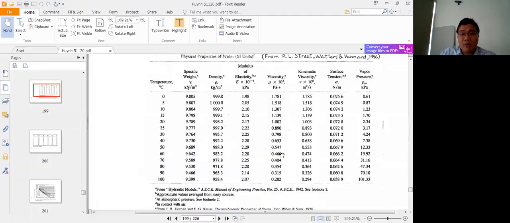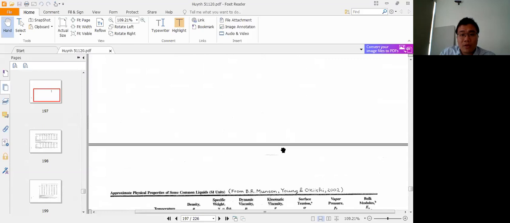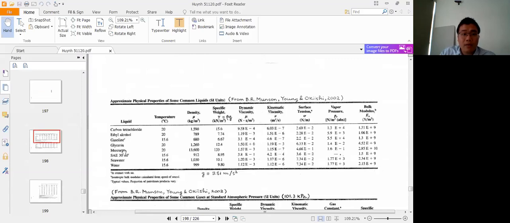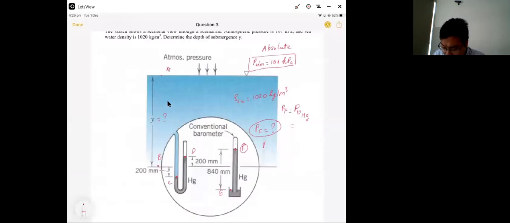And the vapor pressure of mercury you have from this table. Mercury, vapor pressure here. It means PF will be 1.6 E minus 1 Pascal, or 0.16. So pressure F will be equal to 0.16 Pascal. It's a very small pressure.